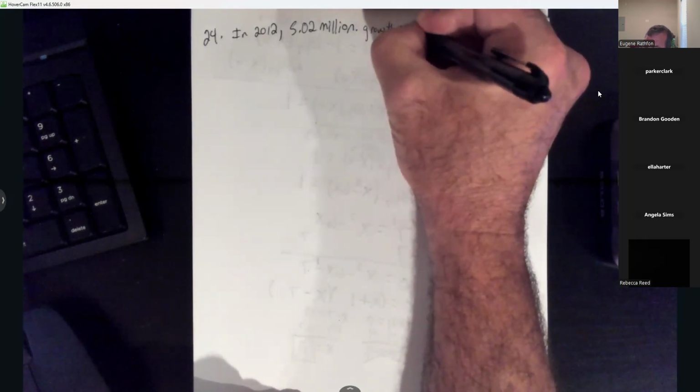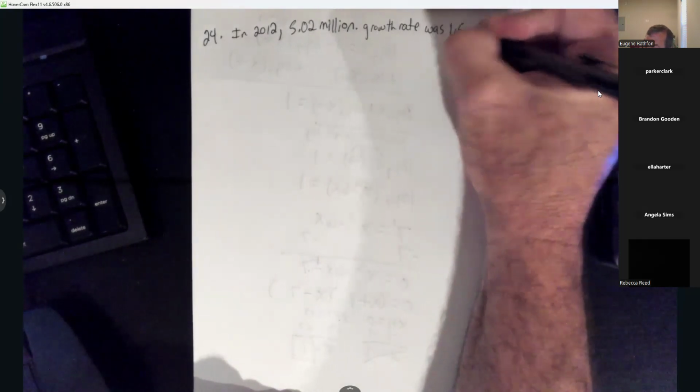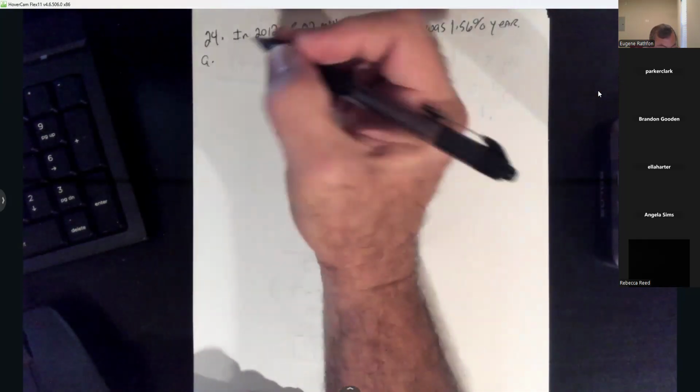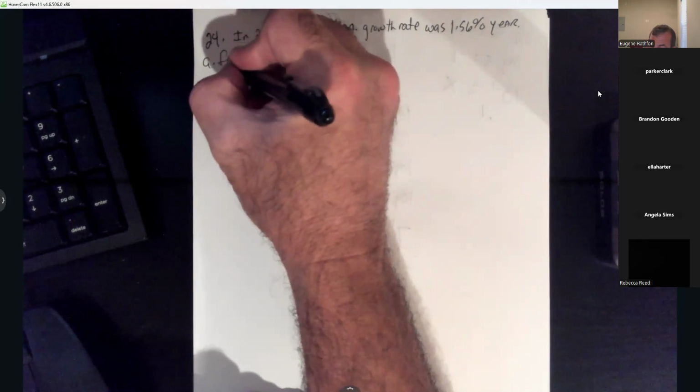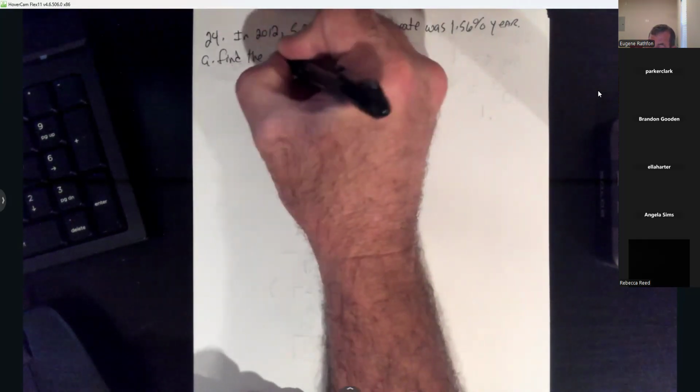Exponential growth rate, so the growth rate was 1.56% per year. For A, they want me to find the exponential growth function.